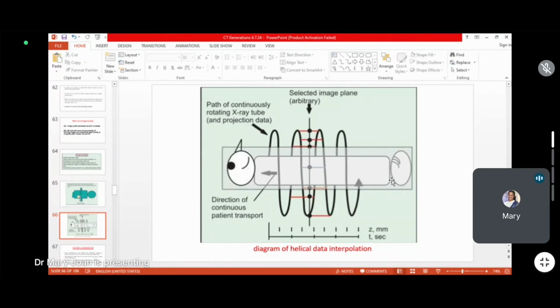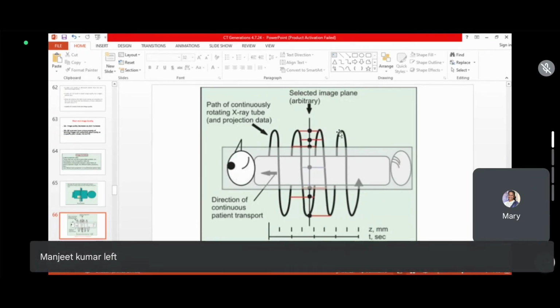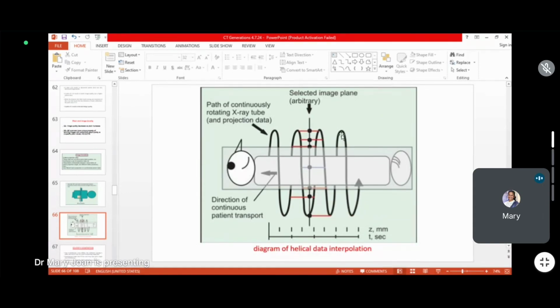Here the diagram of helical data interpolation is shown. The path of the continuously rotating X-ray tube is the dark sinusoidal curve seen here. The X-ray tube as well as the detector is rotating around the patient, and this is the selected image plane, any plane which is selected. So here is how the interpolation takes place. You can see that this is the plane.